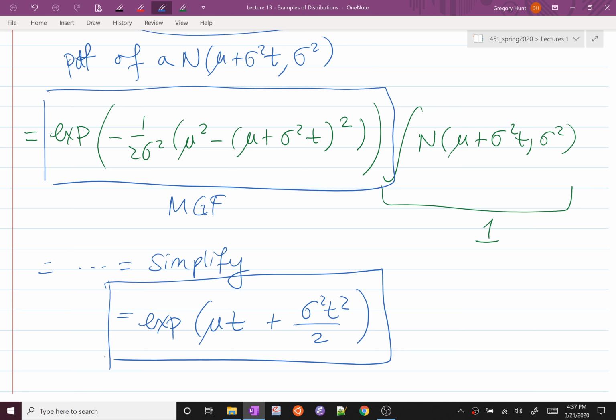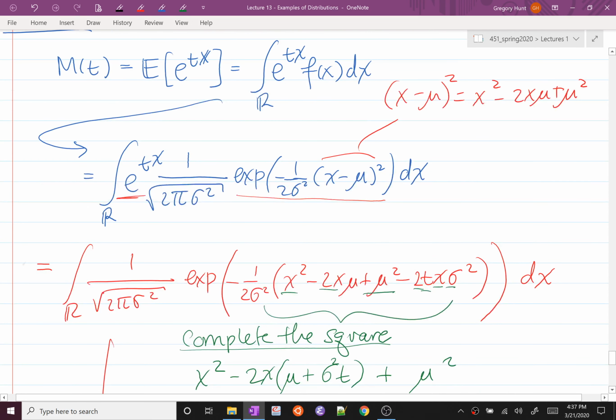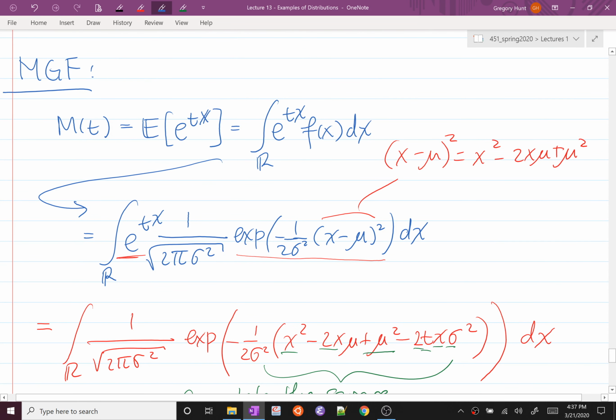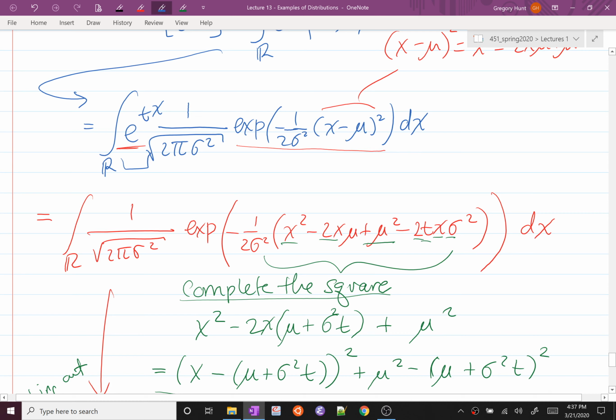Okay, that was a lot. So let's just walk back through the steps real quick of what was going on there. I wanted the MGF. M of t is effectively the expected value of e to the tx, right? That's my formula. That's what happens if I plug things in. I'm just going to combine this e to the tx with the exponent already in the PDF.